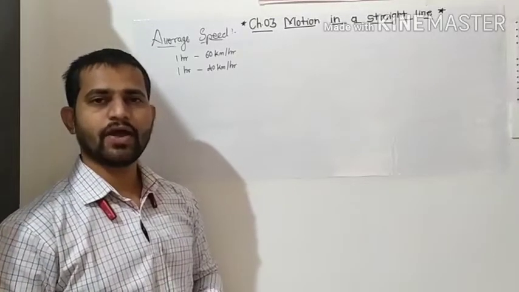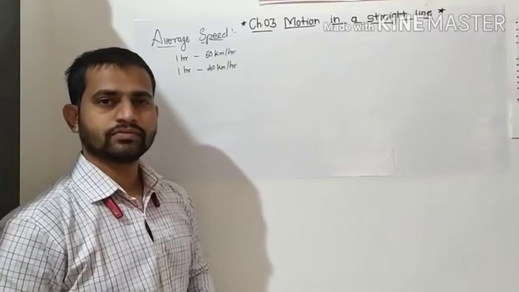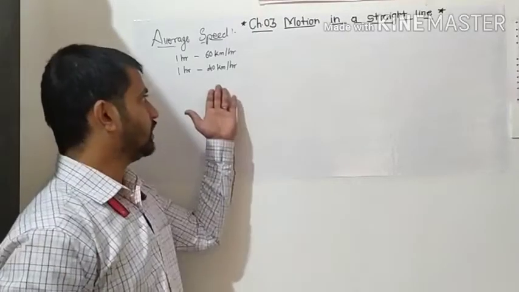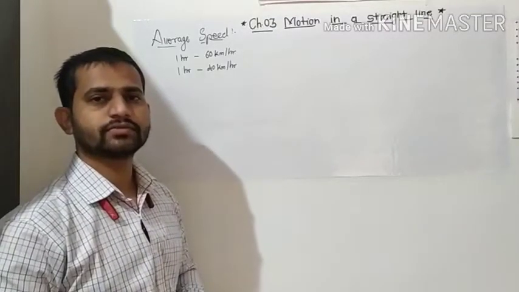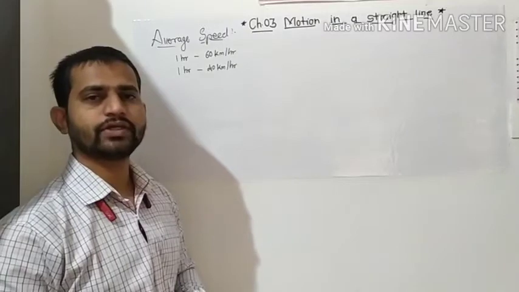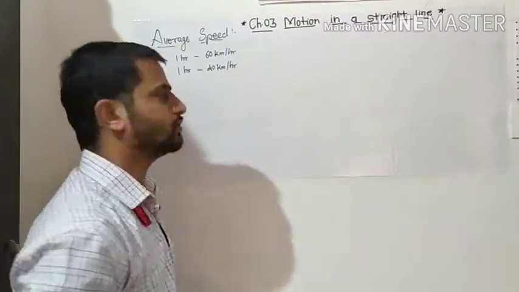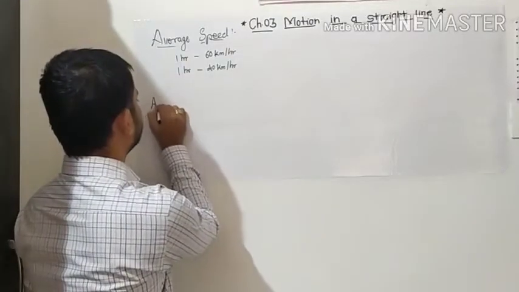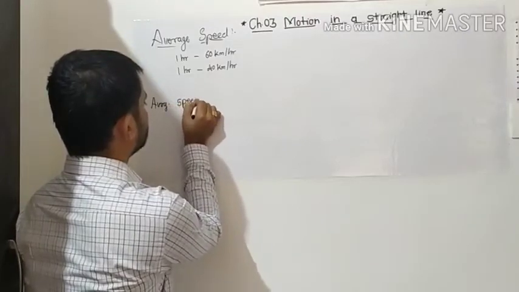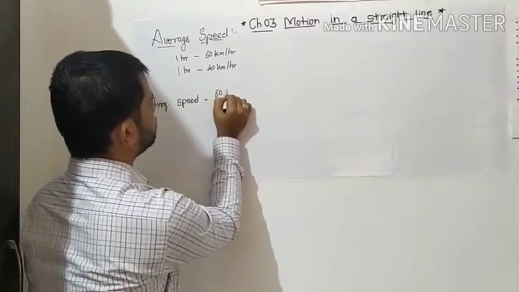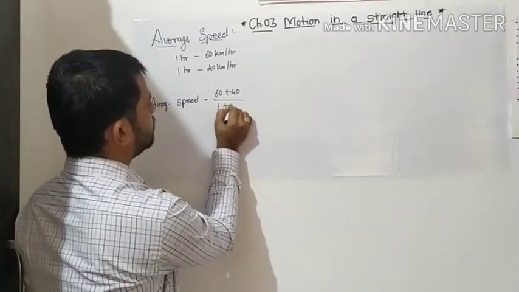How much will be the average speed? So how can we calculate the average speed? We know here we have the distances 60 and 40, and we have the time interval 1 plus 1, so the average speed is equal to 60 plus 40, this is the distance covered, upon 1 plus 1, this is the time interval.